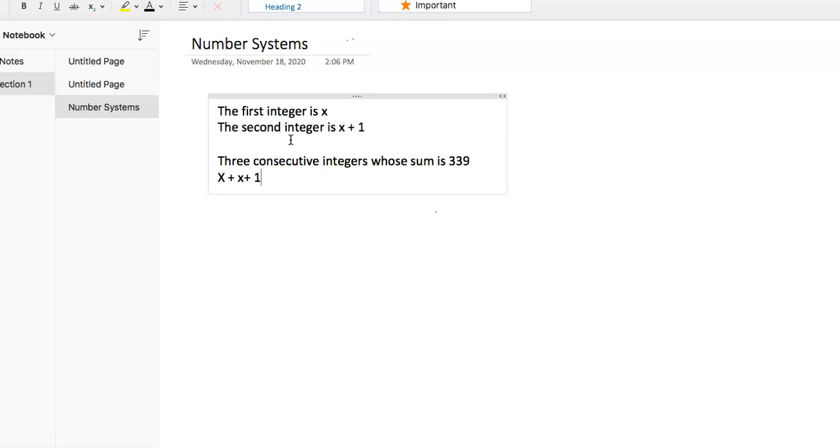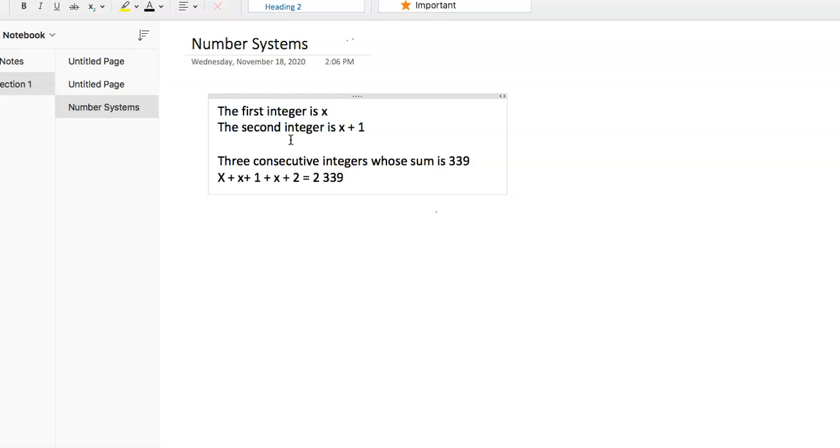So x plus 1 is the second integer, as we saw up there at the top, but they asked for 3 consecutive, right? Plus x plus 2, and you just keep going like that, right? If they wanted 4 consecutive integers, then the next one would be x plus 3, equals 339.